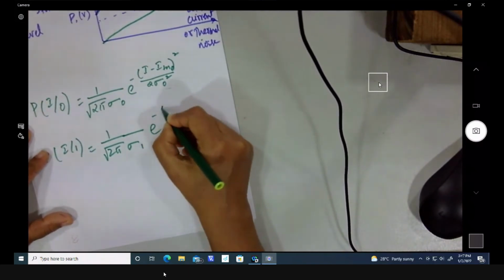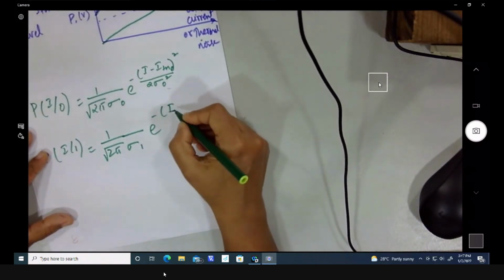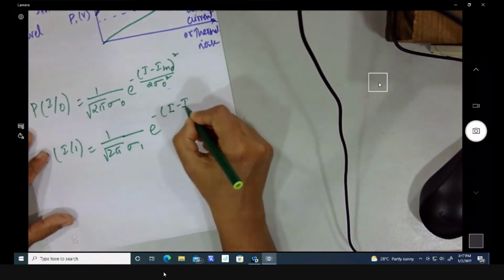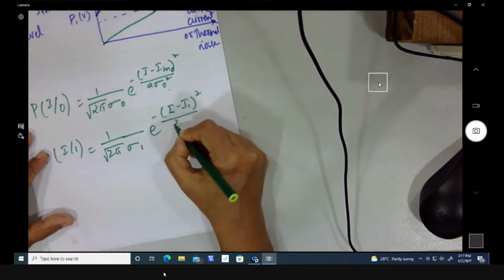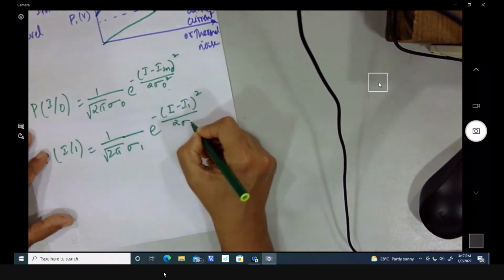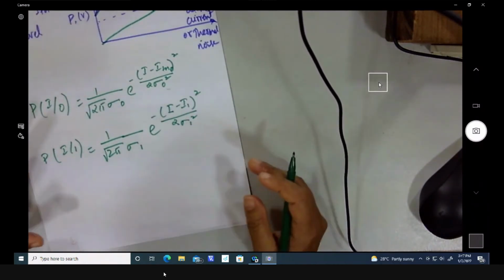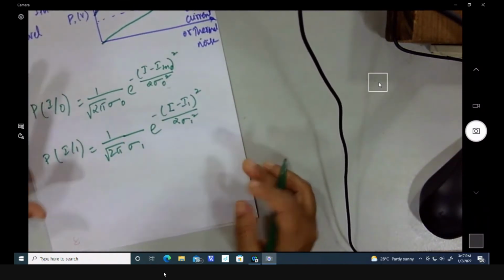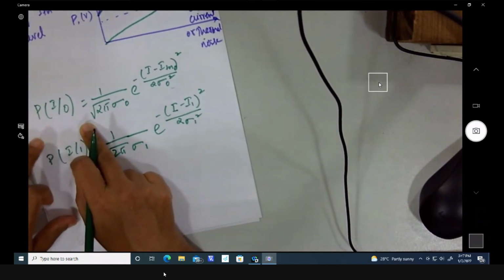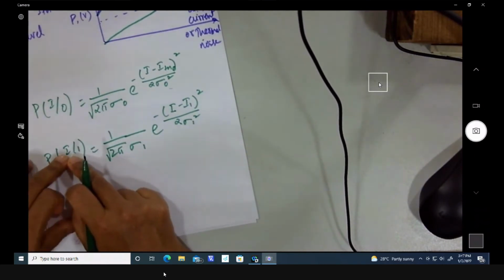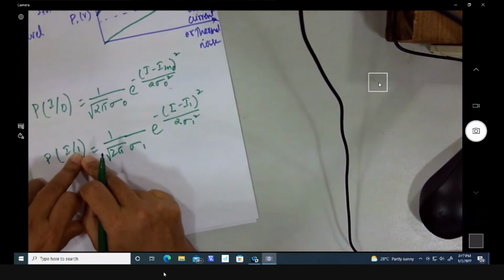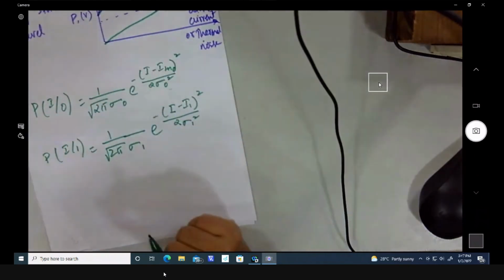E to the power of minus (I minus I1) whole square divided by 2 sigma 1 square. So these two are the density functions: the probability of current given 0 transmitted, and the probability of current received for the 1 bit transmitted.